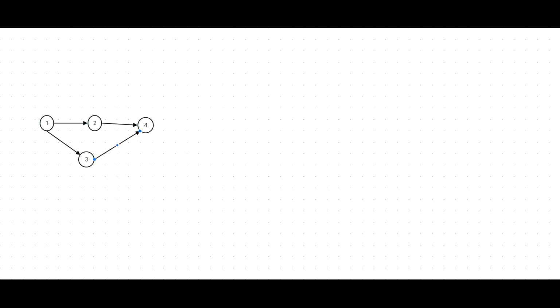Next, 3, 5. Now you can see that it's so easy, no? 3, 5. The time is required to calculate the entire project completion time, right? Not for the diagram.